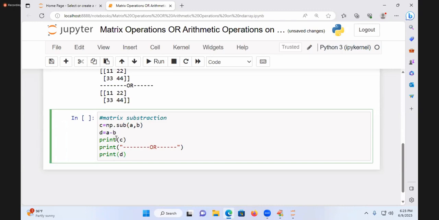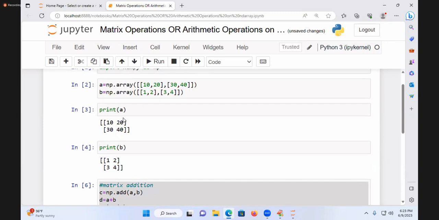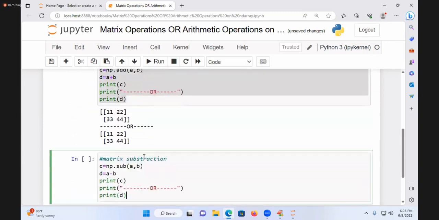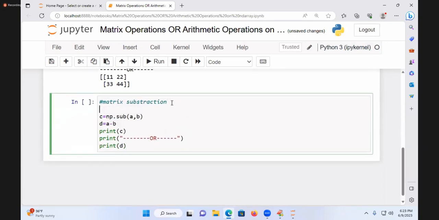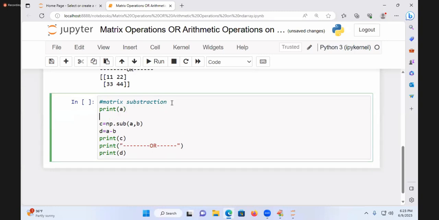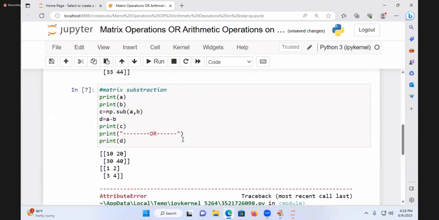You know minus. What are the matrices A and B? 10, 20. If you want to print the given matrices, you can go for it: print of A and print of B. You can print that entire thing. What are the given matrices? What happens?